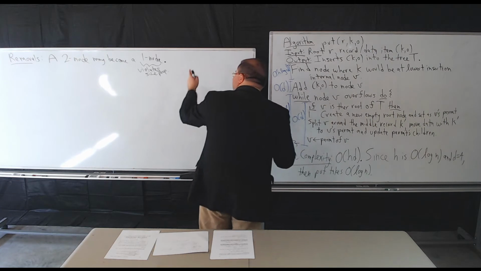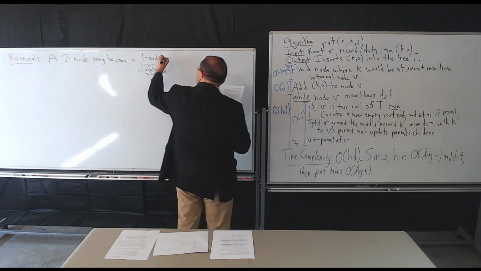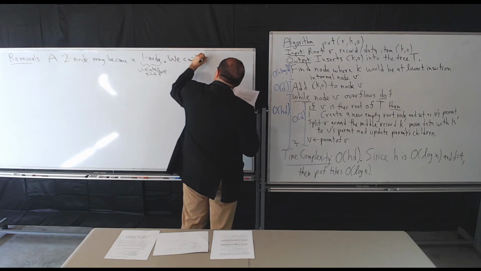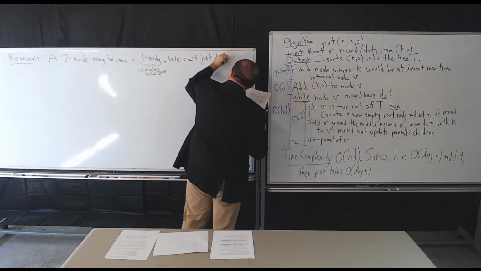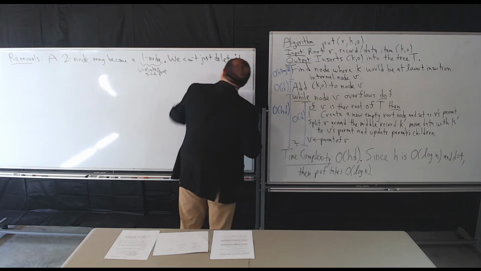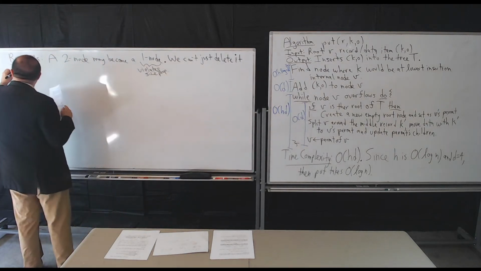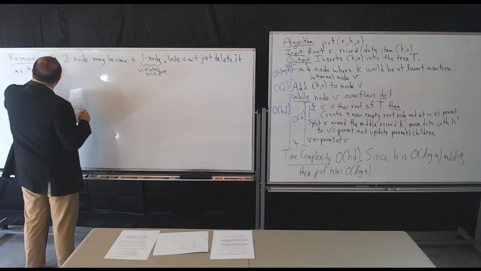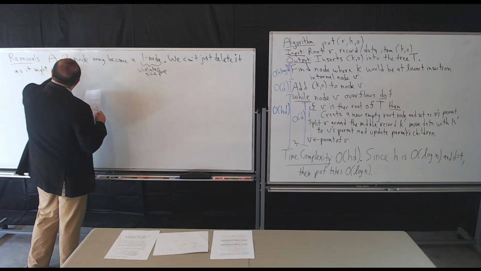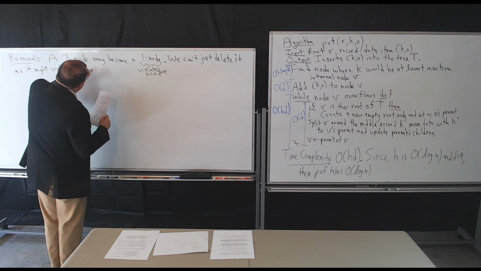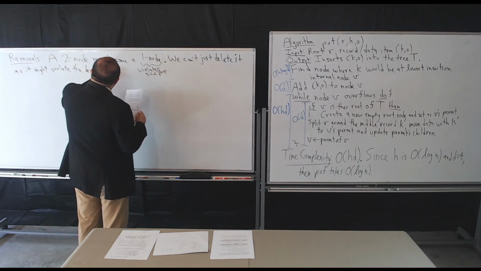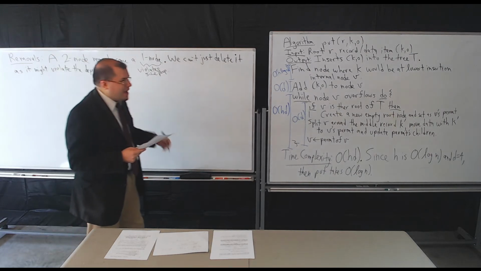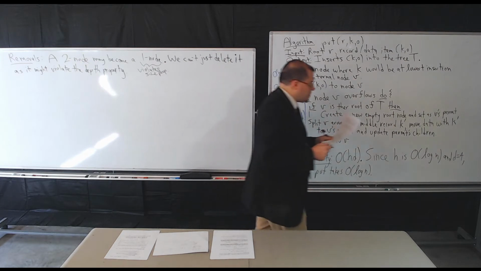So you can't just delete this. We can't just delete it, as it might violate the depth property. There are only specific cases where you can do this safely without violating the depth property.